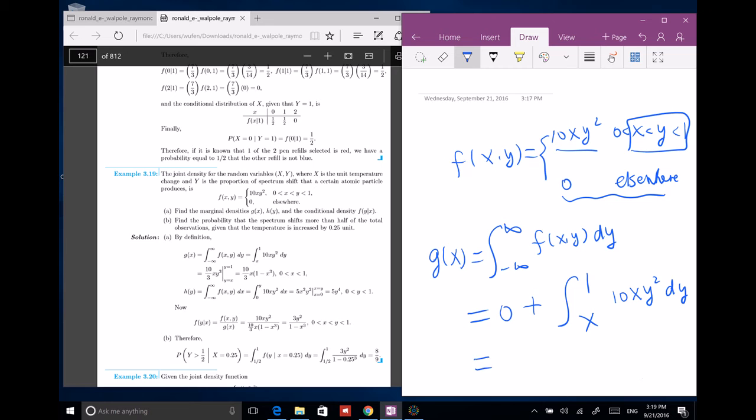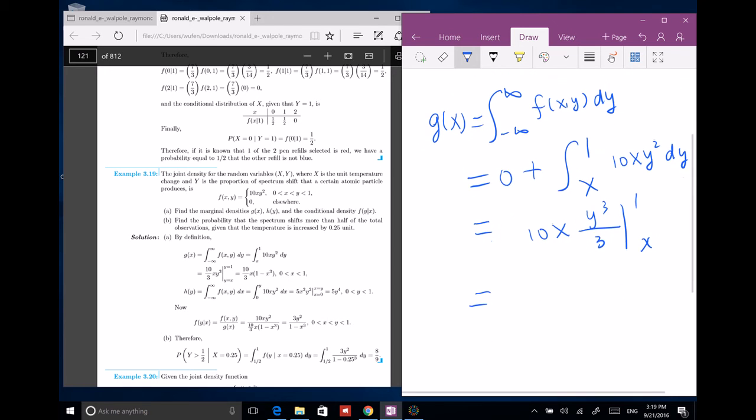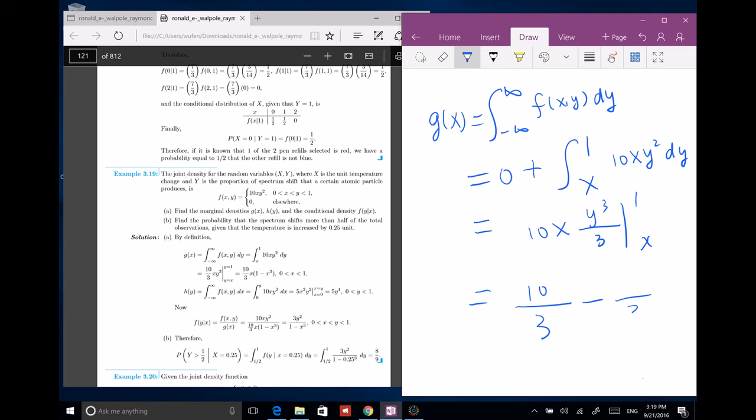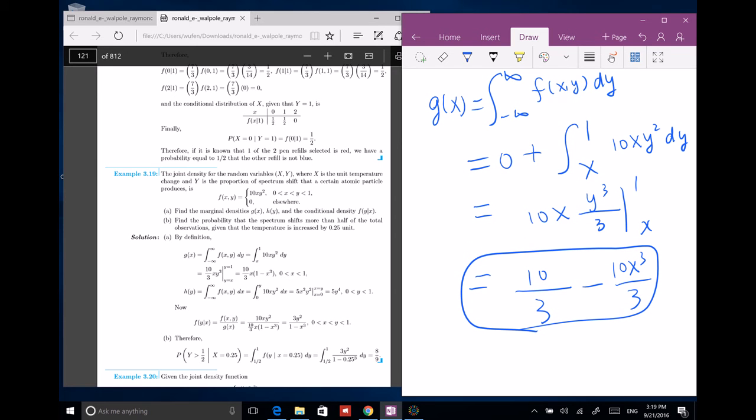Now we take the antiderivative with respect to y, so it's 10xy cubed over 3. Plug in 1 for y, so it's 10x over 3. Plug in x, so it's 10x to the fourth over 3. That's going to be your marginal function for g(x).